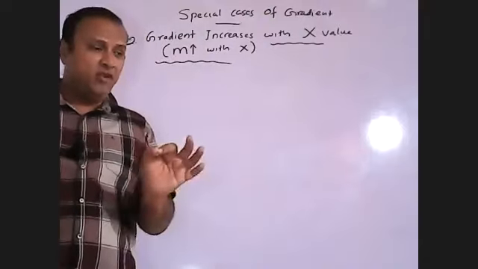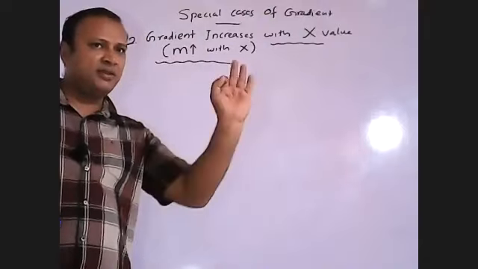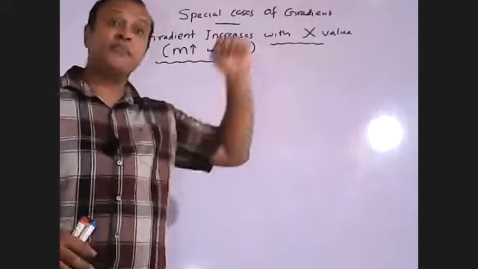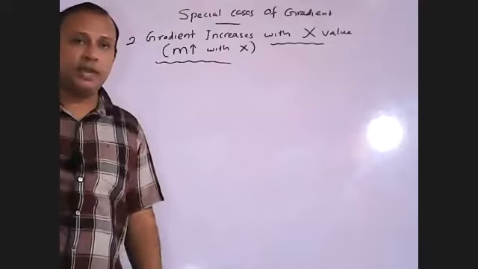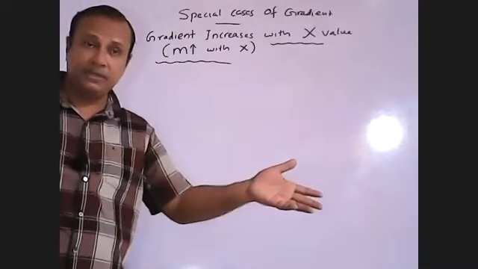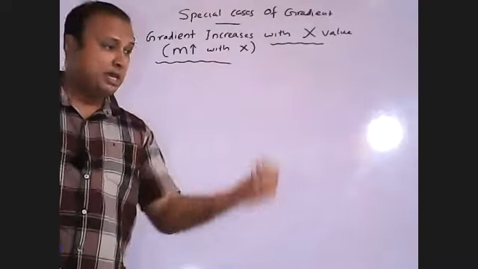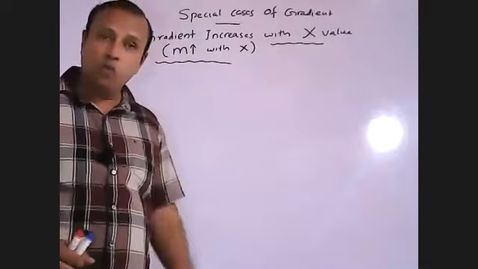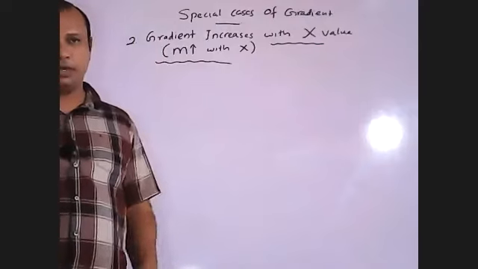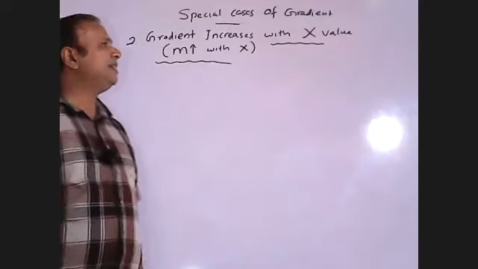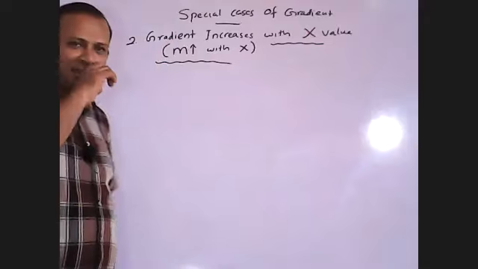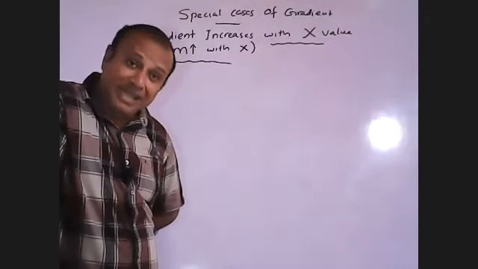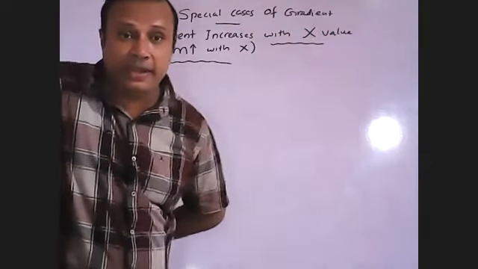So if m is increasing with x, that means when x increases, m increases too. So if that happens, the tan value should also increase with x value. M is equal to a tan value of an angle.